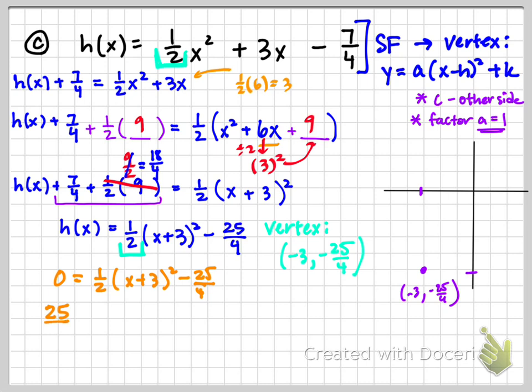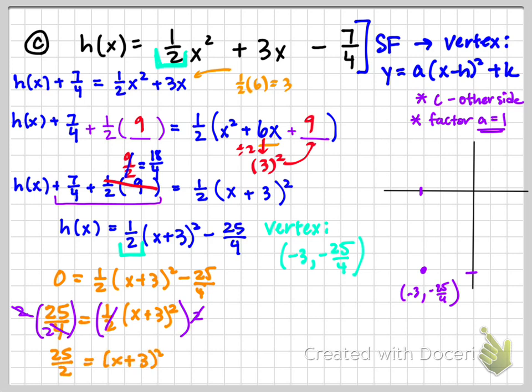So we have 25/4 equals 1/2 times x plus 3 squared. Now we got to multiply both sides by 2. So when I take the left side and multiply this by 2, the 1/2 and the 2 are going to cancel. When I take this side and multiply by 2, that's going to be 25 over 2. From there, we're left with 25 over 2 is equal to x plus 3 squared. You square root both sides.